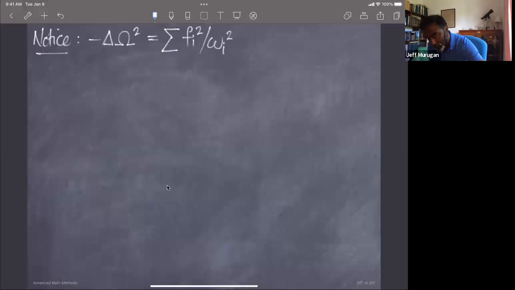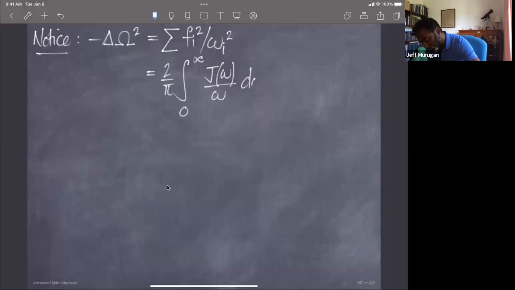This is nothing but 2 over pi times the integral from 0 to infinity of the spectral function J of omega over omega d omega.